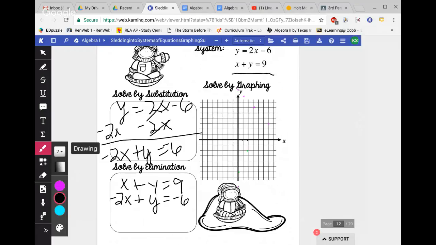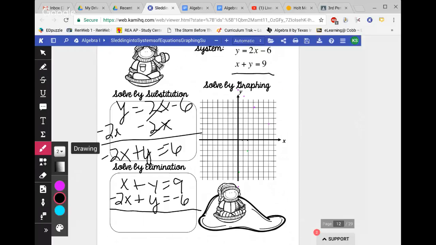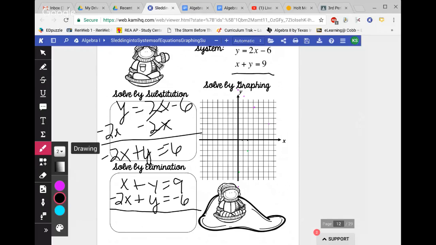Now that I put it in standard form, do I have two variables that have the same or opposite coefficients? Yes. And it would be which one? X and negative 2x. Those aren't quite opposites because one has a 1 as a coefficient and the other has a negative 2.